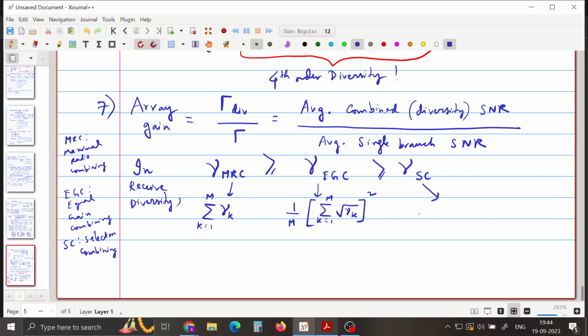We just take the maximum, right? The highest one out of all the gammas. So this takes the max of gamma 1 so on till gamma M, correct?